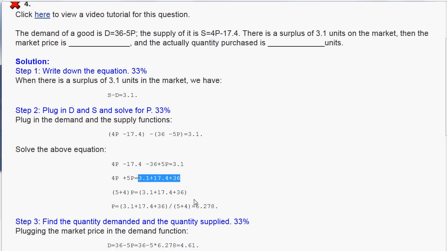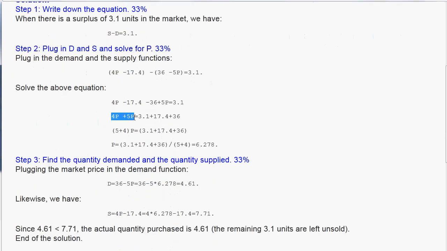Here, 4P plus 5P, that's 9P. Therefore, P is equal to the sum of these numbers divided by 9. That gives us 6.278, rounded to 3 decimal places. Anyway, that's the market price.